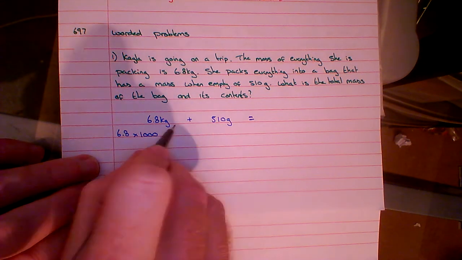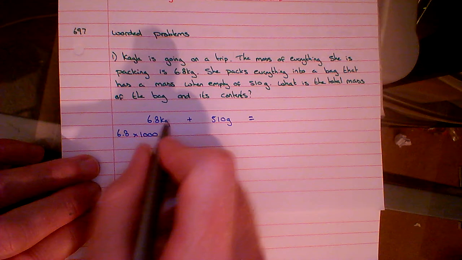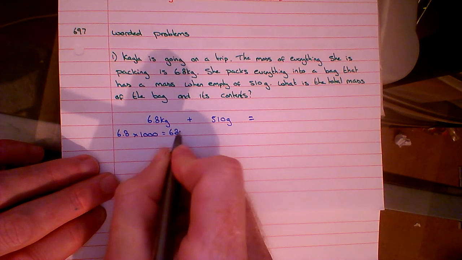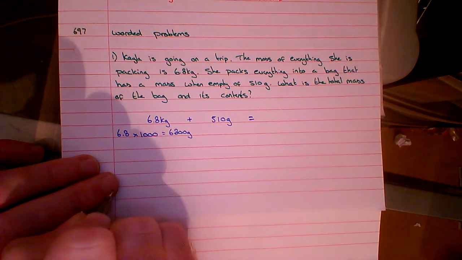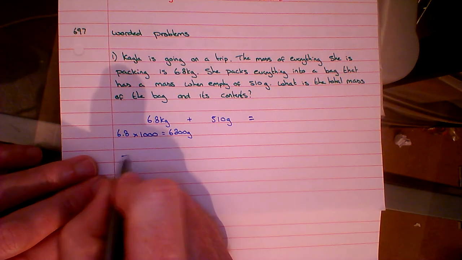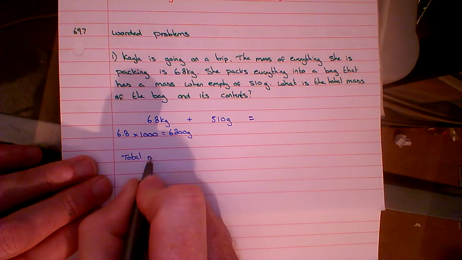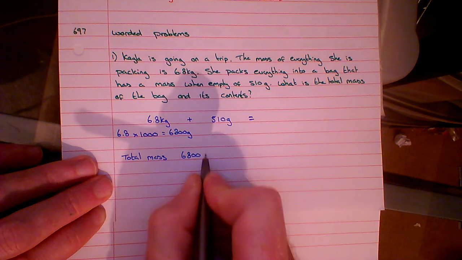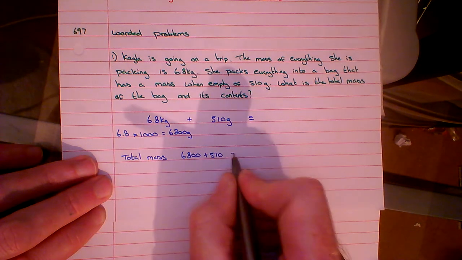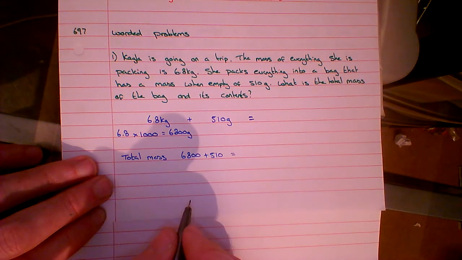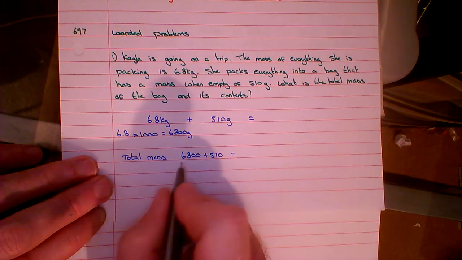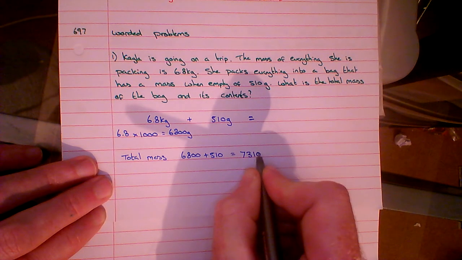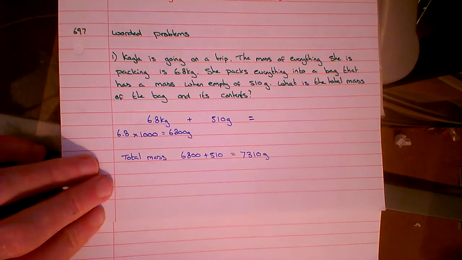So to get from kilograms to grams, we're going that way, so it's times by 1,000. That's going to give me 6,800 grams. So if I want the total mass, it is 6,800 plus 510, and that will give me the total mass in grams. So 6,800 plus 510, which is 7,310 grams.